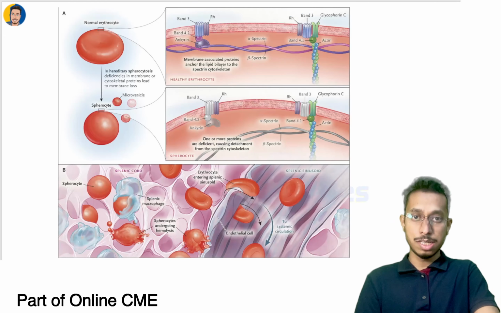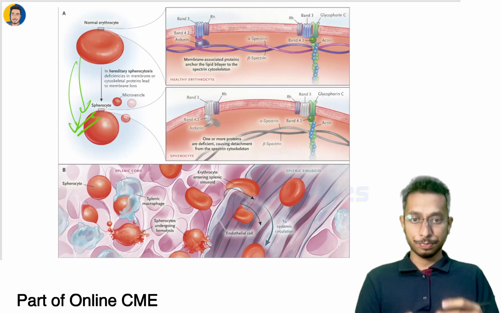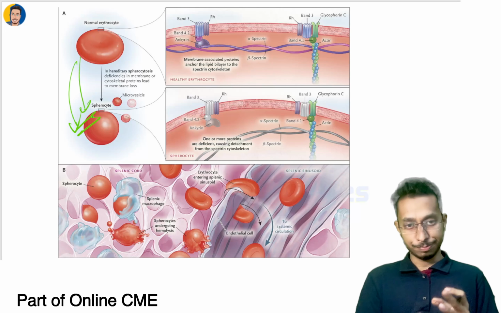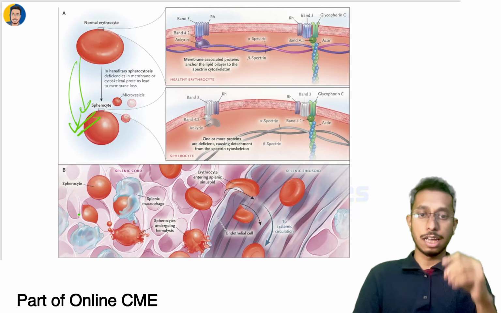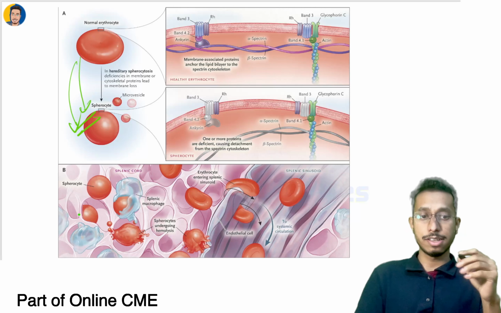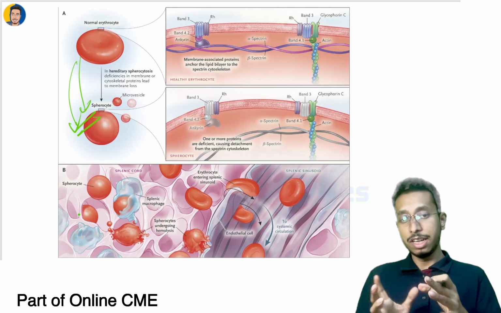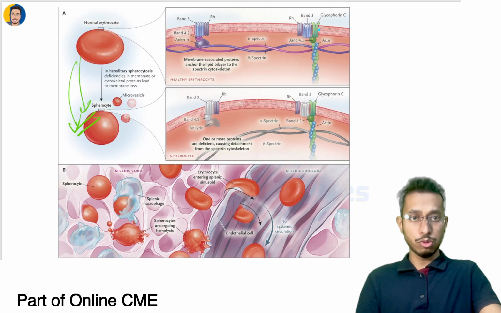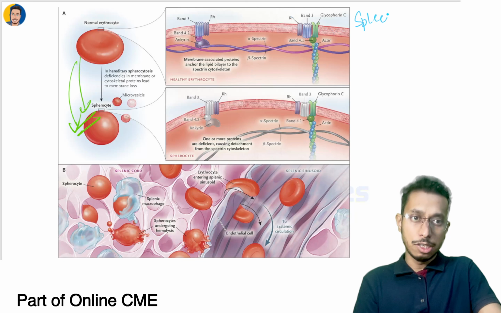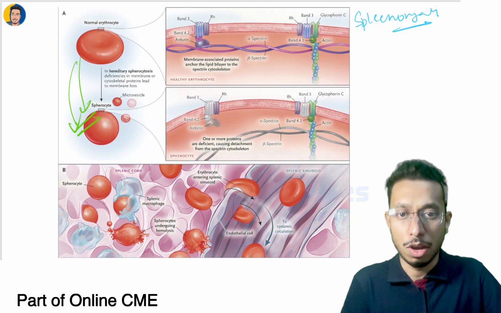Because as the RBC membrane shape changes to form almost a sphere, these modified RBCs cannot squeeze through the splenic sinusoids, and this results in hemolysis. So to prevent it, the spleen has to also modify its form, resulting in splenomegaly, and a more spherical form of spleen occurs in it.